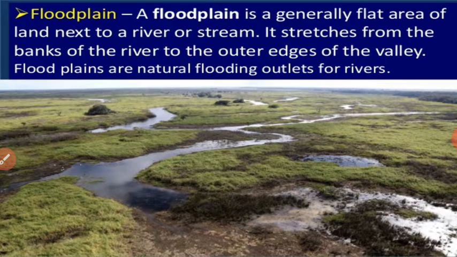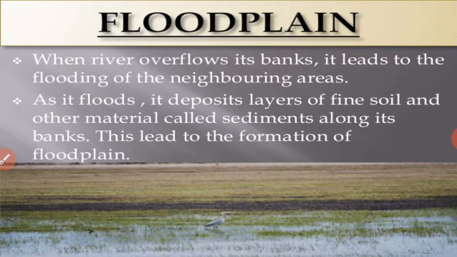A floodplain is generally a flat area of land next to a river or stream, and it stretches from the banks of the river to the outer edges of the valley, and floodplains are natural flooding outlets for the river. So when that flat area is very near to the river or stream, when a flood occurs, the water level of the river spreads through the surrounding areas, and that's when the floodplain occurs.